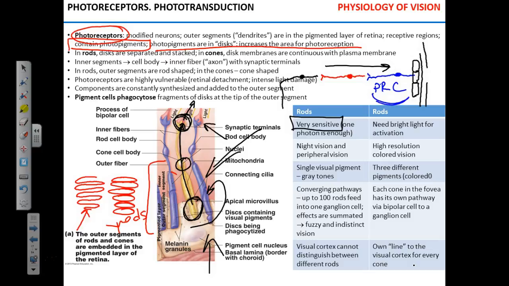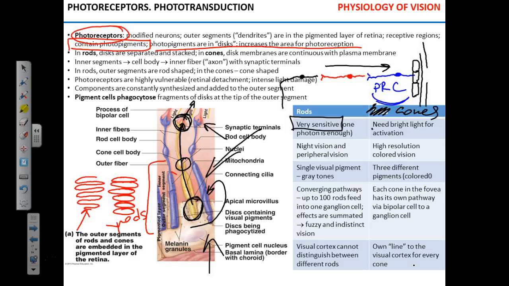Got it? Cones need bright light. Right now, it's your cones that work. Rods do not participate in your visual perception right now.